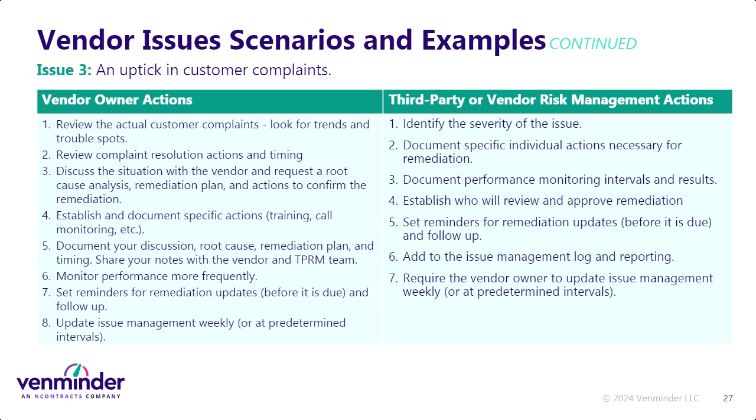Monitor the performance more frequently, because now that you're seeing a trend with some issues, maybe you are meeting with your vendor quarterly, you should probably do that more frequently, maybe on a monthly basis, or even more frequently than that. The third-party risk management team, again, is going to do the same things they did before: identify the severity, determine who needs to be involved, make sure that the performance monitoring intervals are taking place, determine who will approve remediation, and escalate as necessary.